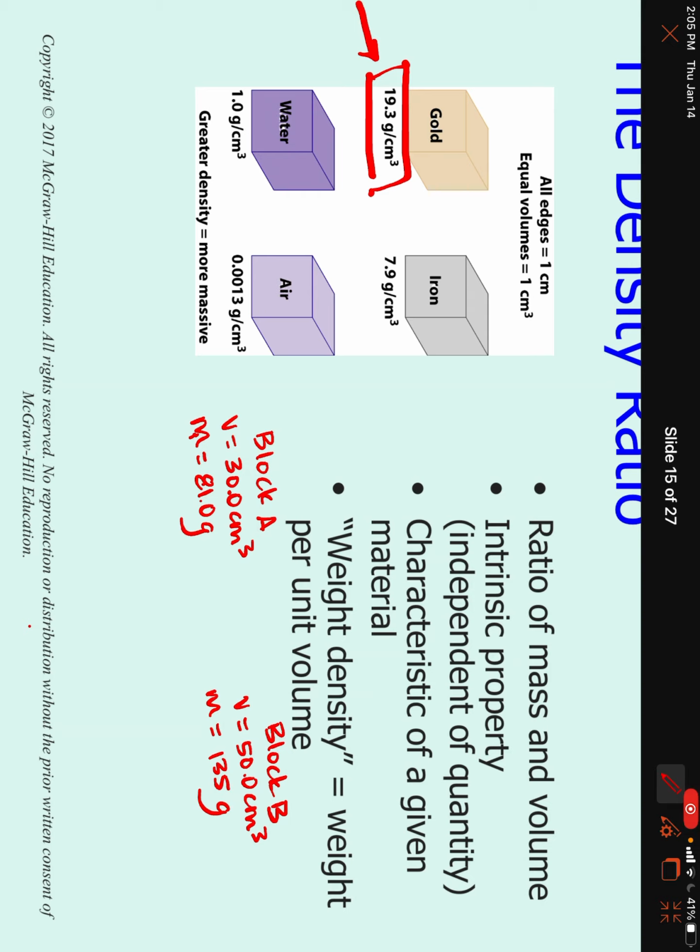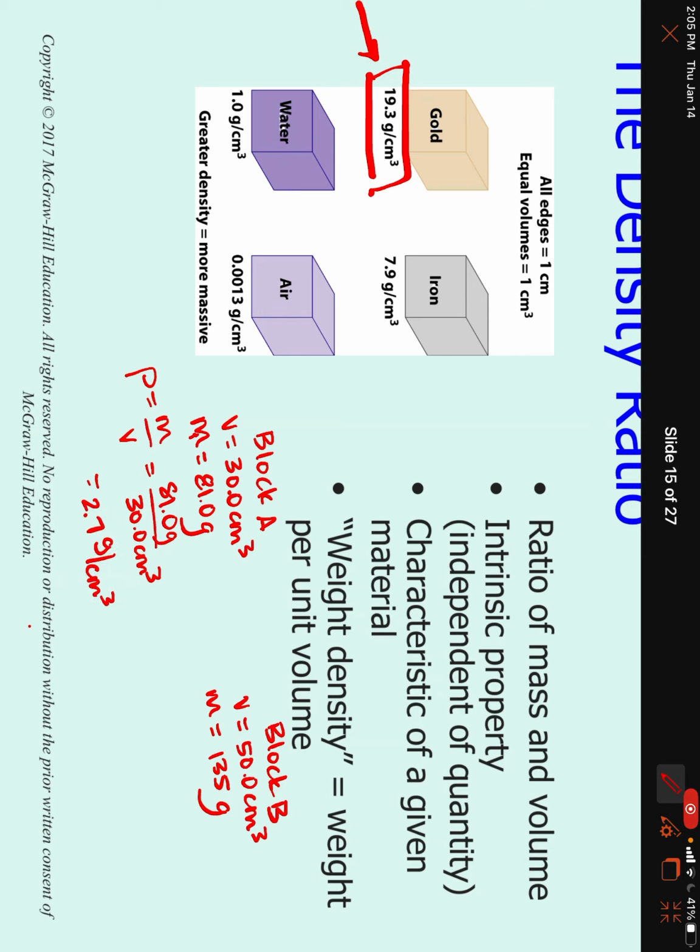So it wants you to find the density and figure out which one has the greater density. So if you were to plug into your density equation, you've got 81 grams divided by 30 centimeters cubed. So 81 divided by 30 is 2.7.